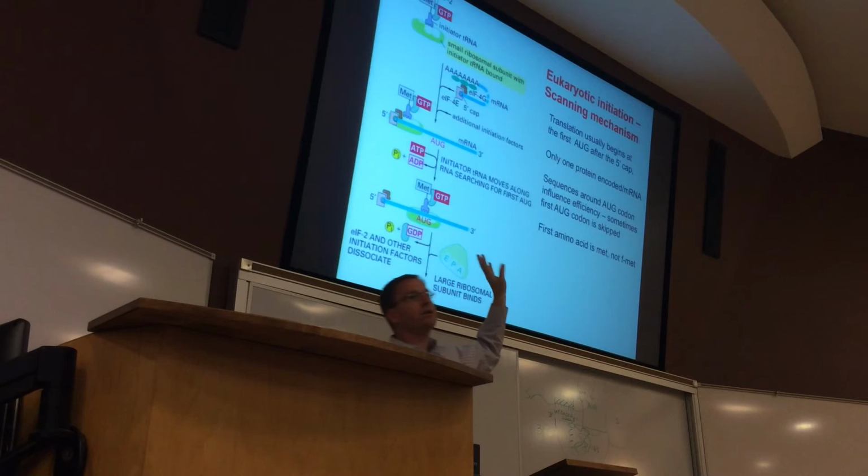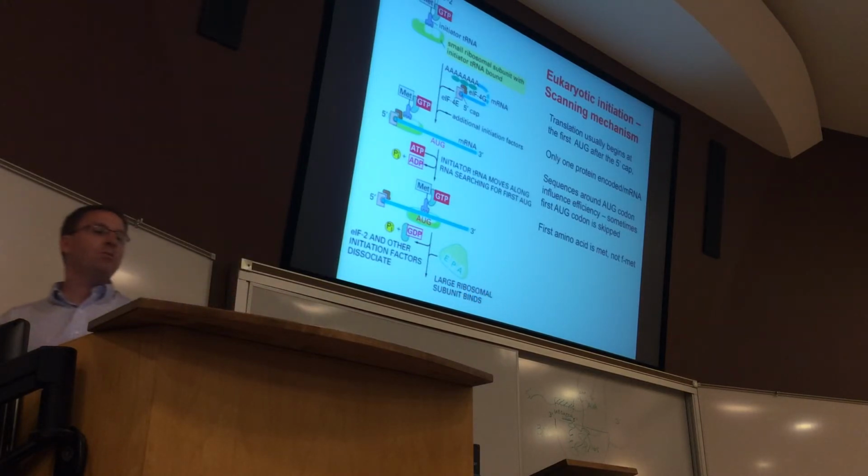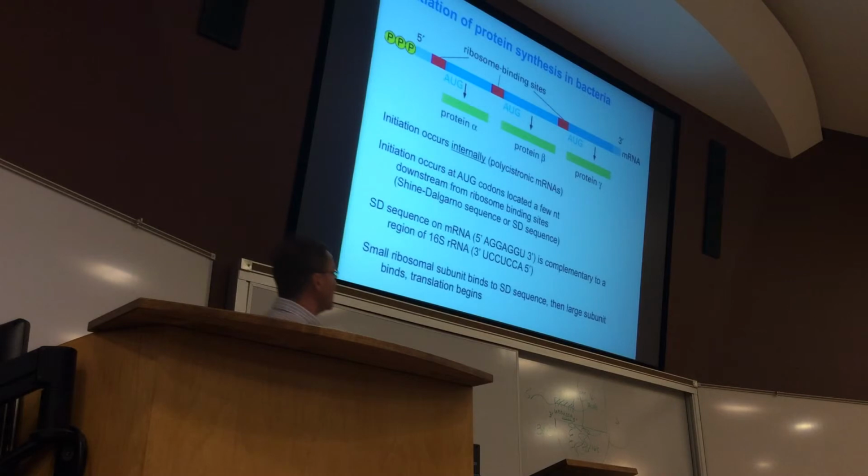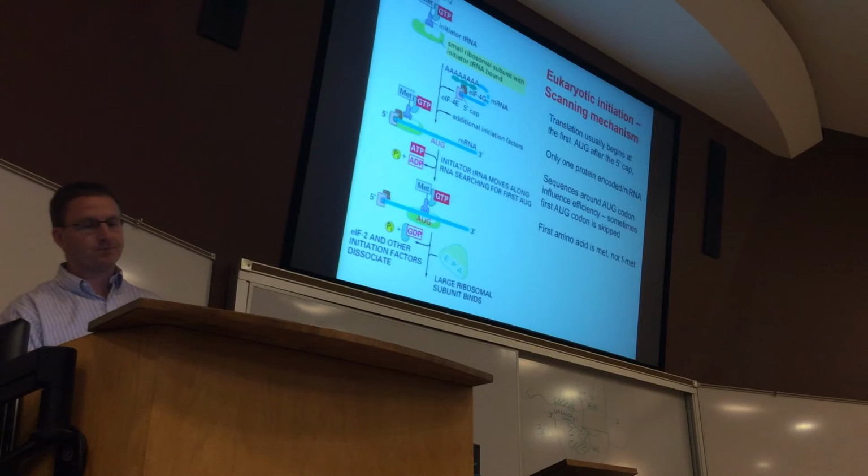In the very top panel, the RNA isn't even involved yet. So the small subunit of the ribosome must bind the initiator tRNA all by itself. That contrasts with bacterial initiation, where the RNA must physically bind to the ribosome, specifically the small subunit, before the initiator tRNA is bound in place.